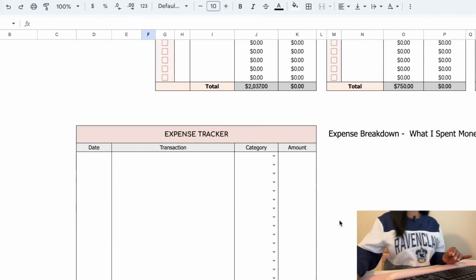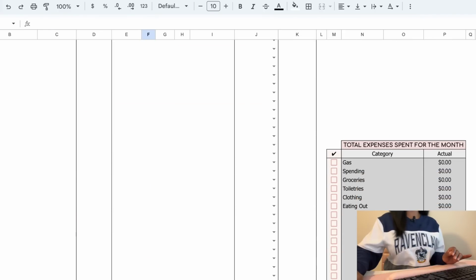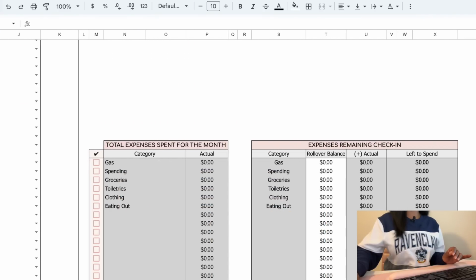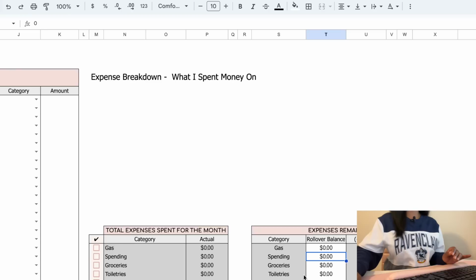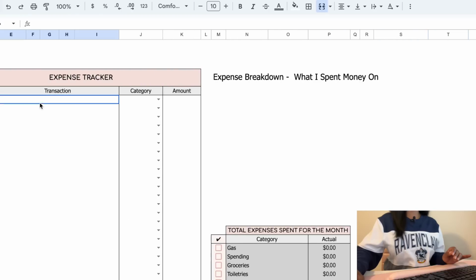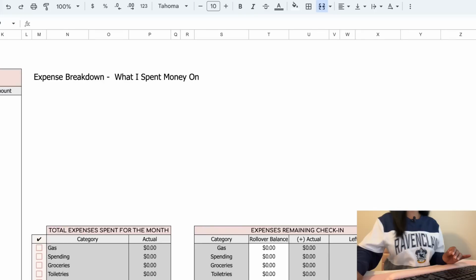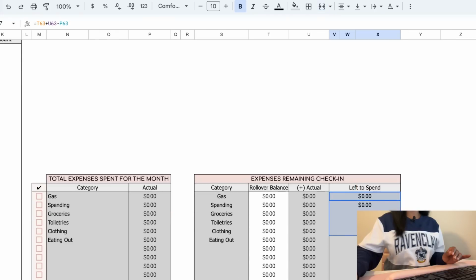And then the last thing that I do is come down here and fill out my check-in, and I complete the rollover balance, and I ensure I input these numbers so that then once I begin adding my spending for February, it all matches the left to spend.